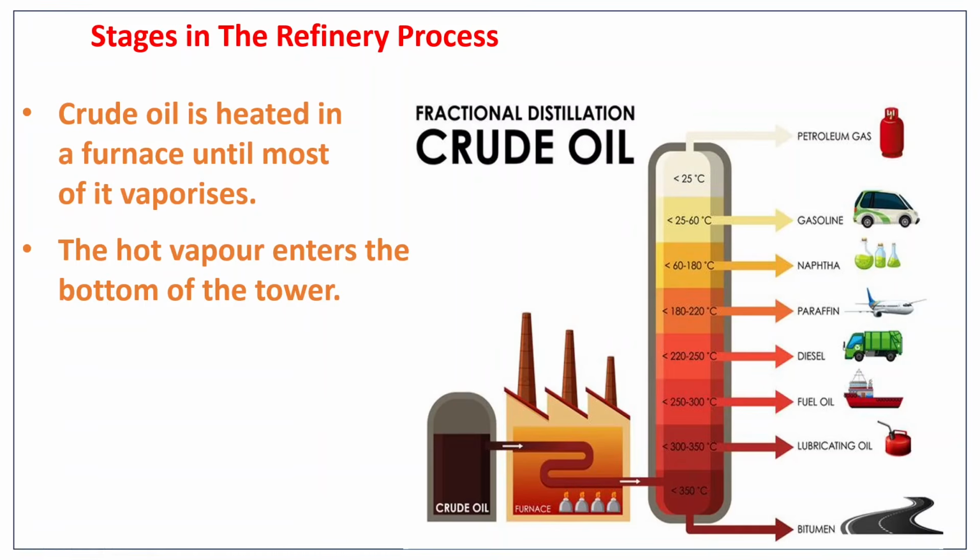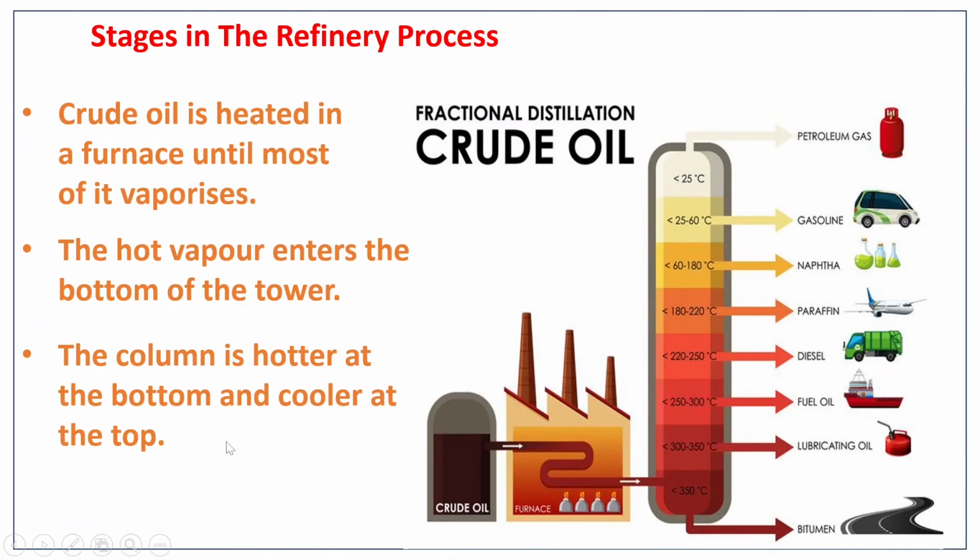So fractional distillation is the process used to separate materials that have different boiling points. It is a process that is used to separate a mixture of substances due to their differences in boiling points.